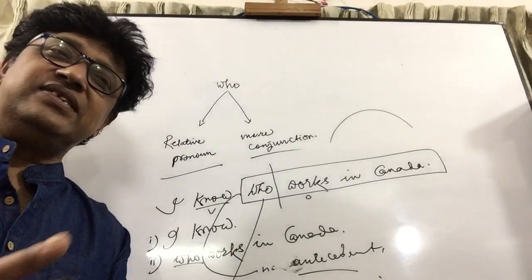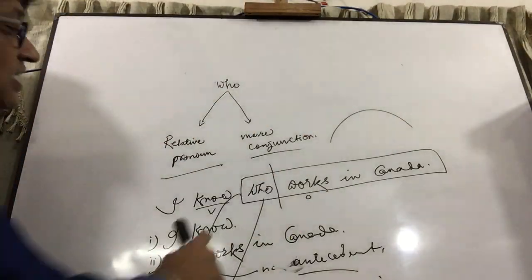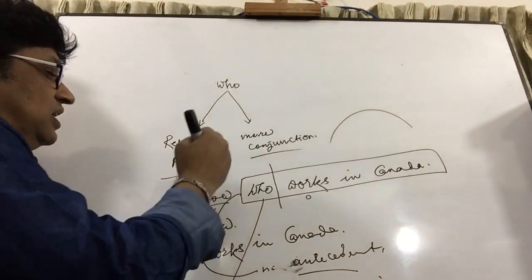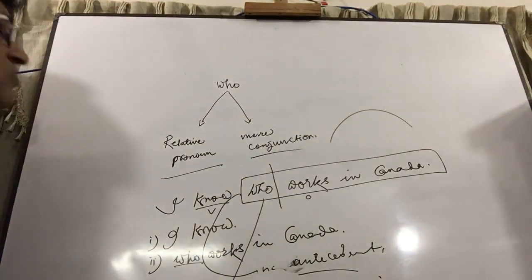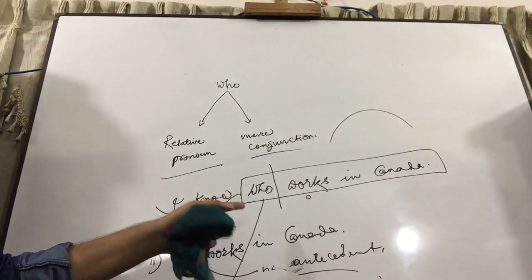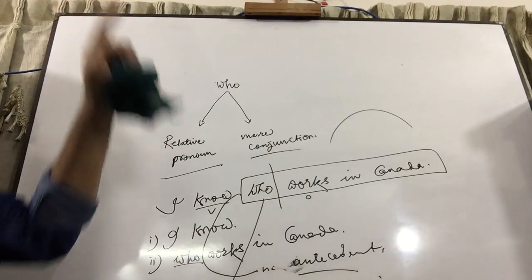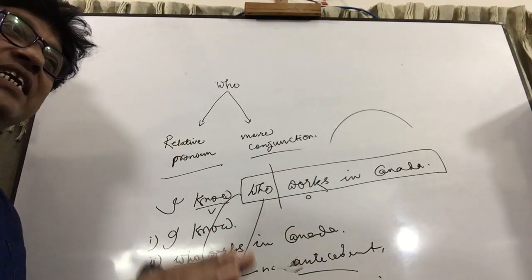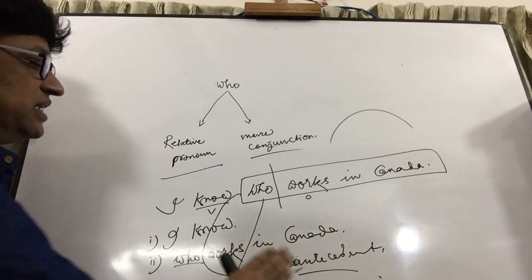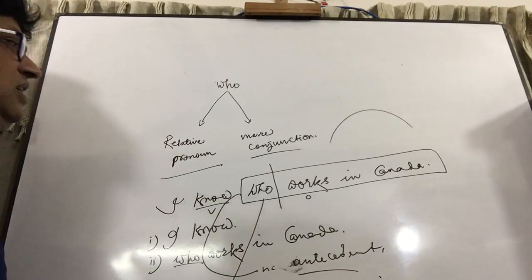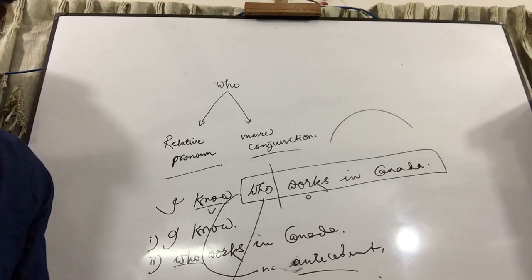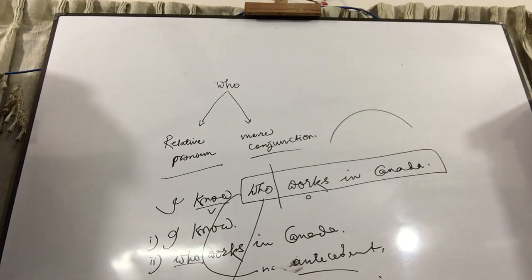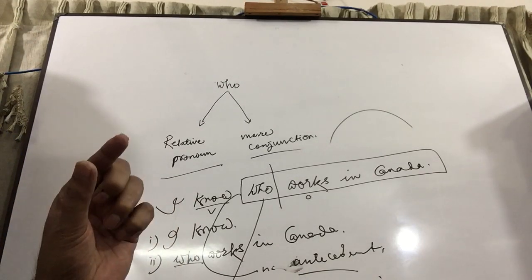When there is no antecedent before who or this kind of relative pronouns, that is which are listed relative pronouns, it won't be called a relative pronoun. It is a mere conjunction. Then you can easily differentiate between conjunction and relative.